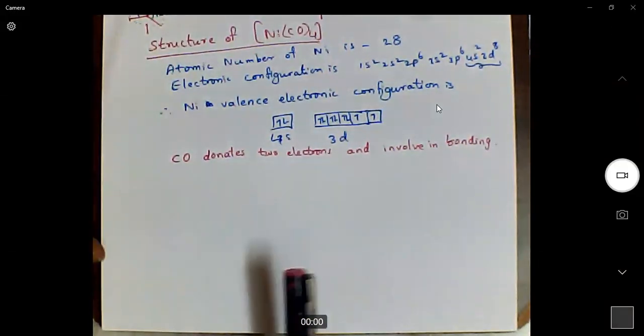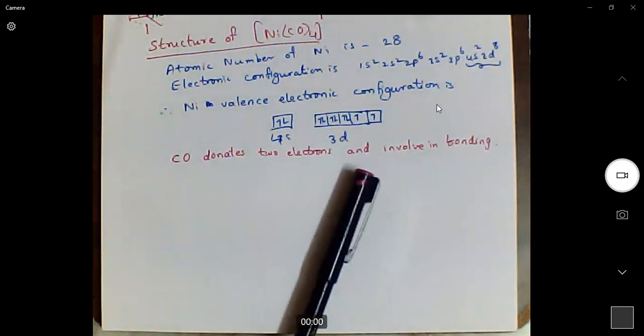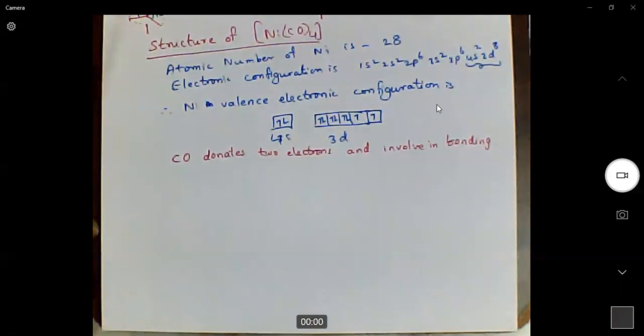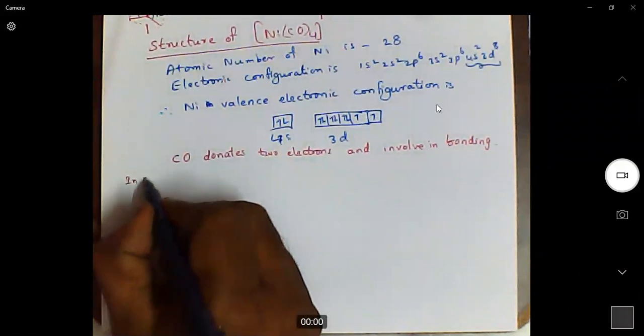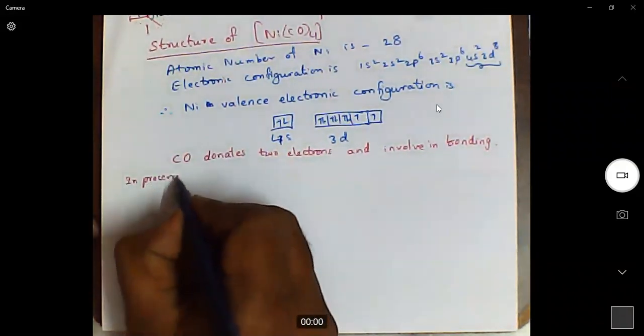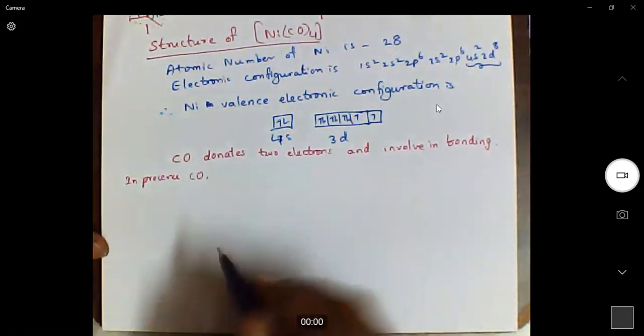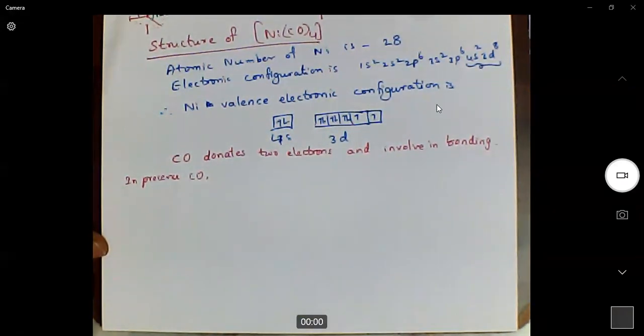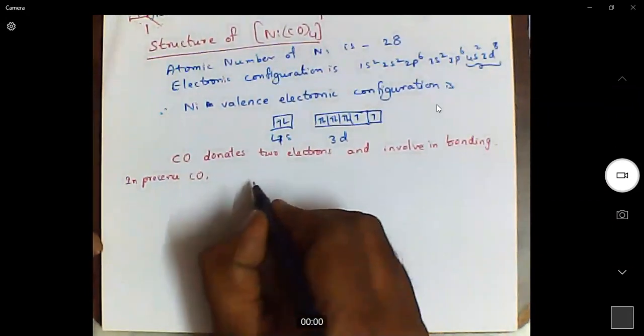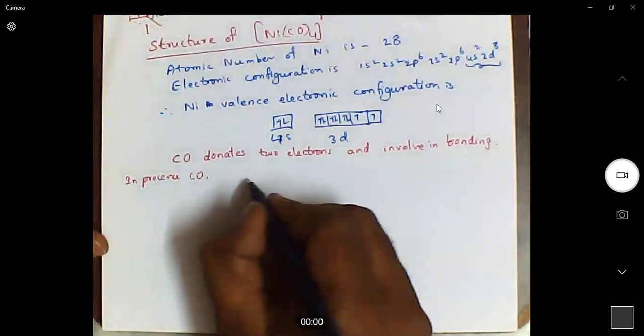So in order to get 4 empty orbitals, what will happen in presence of CO? The nickel changes its electronic configuration.